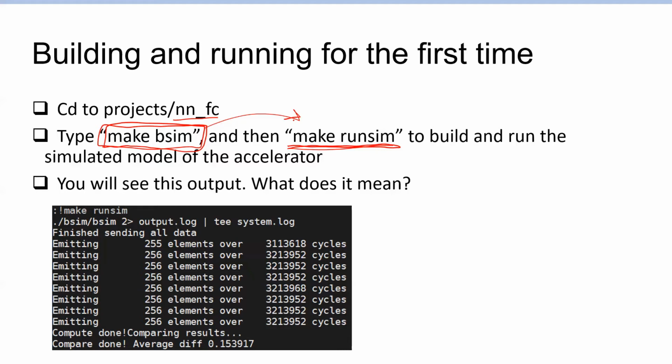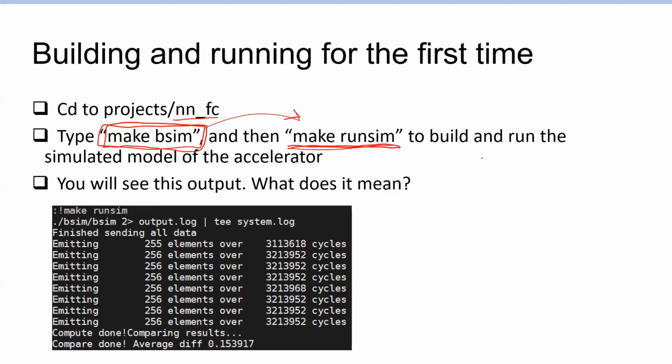So that's one thing you have to keep in mind. When you measure performance, you actually have to count cycles inside the hardware code. That's really the only way you will know how fast your design is. How long it takes when you run the simulation has absolutely no relation to how fast your actual hardware is. Anyways, if you type make runsim, it builds and runs the simulated model of the accelerator.